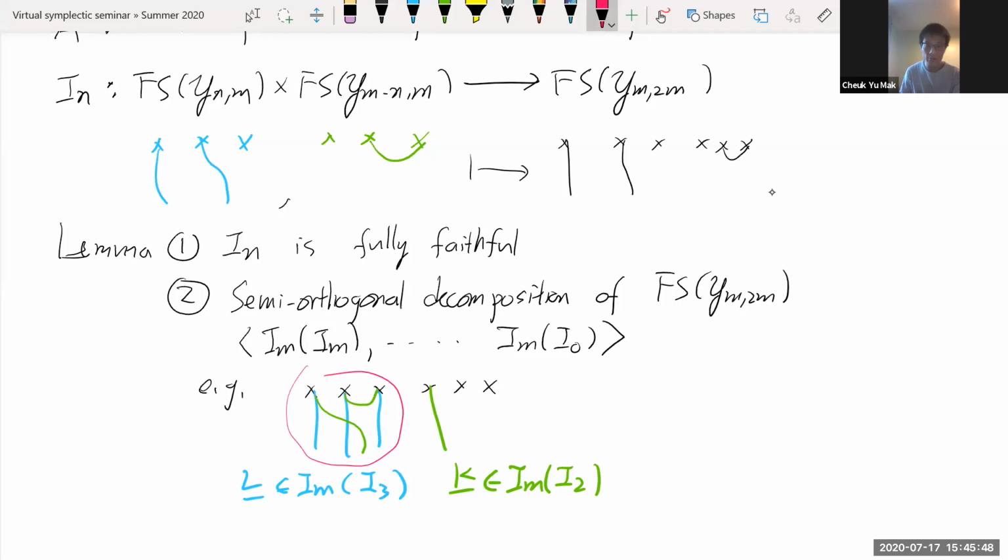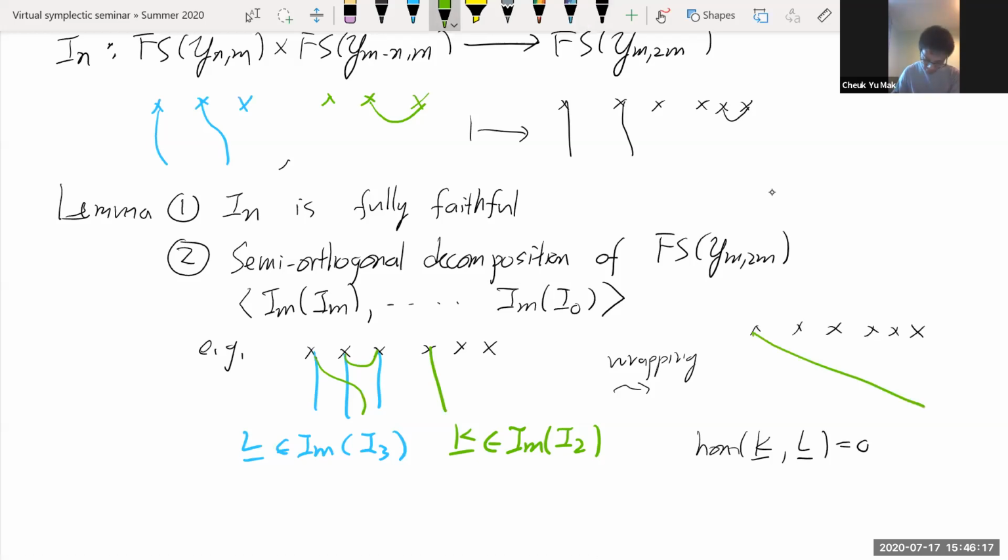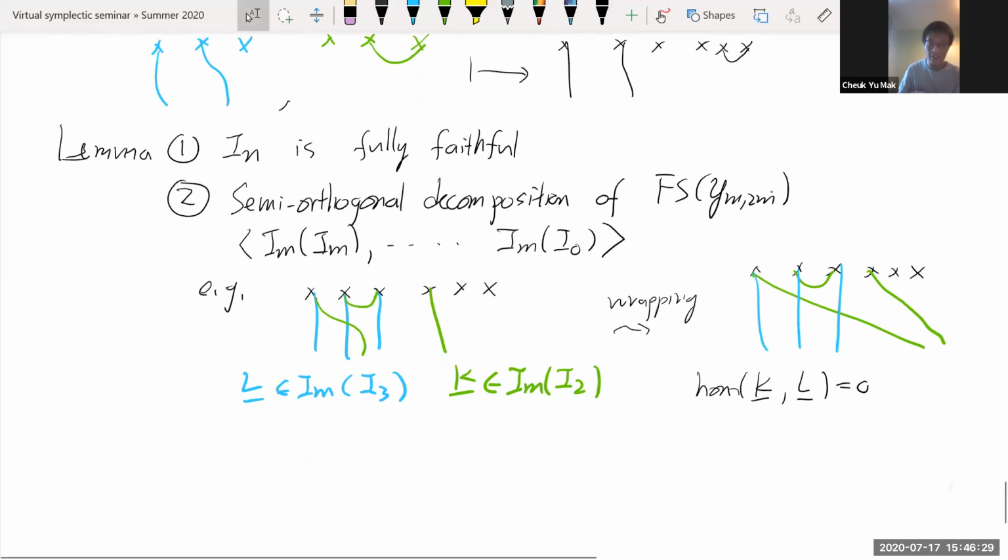So we have 3 blue and 2 green. And then after wrapping, you can see that the Hom from K to L is 0, because we are wrapping the first factor to the right. So it's obvious why we have this directness.